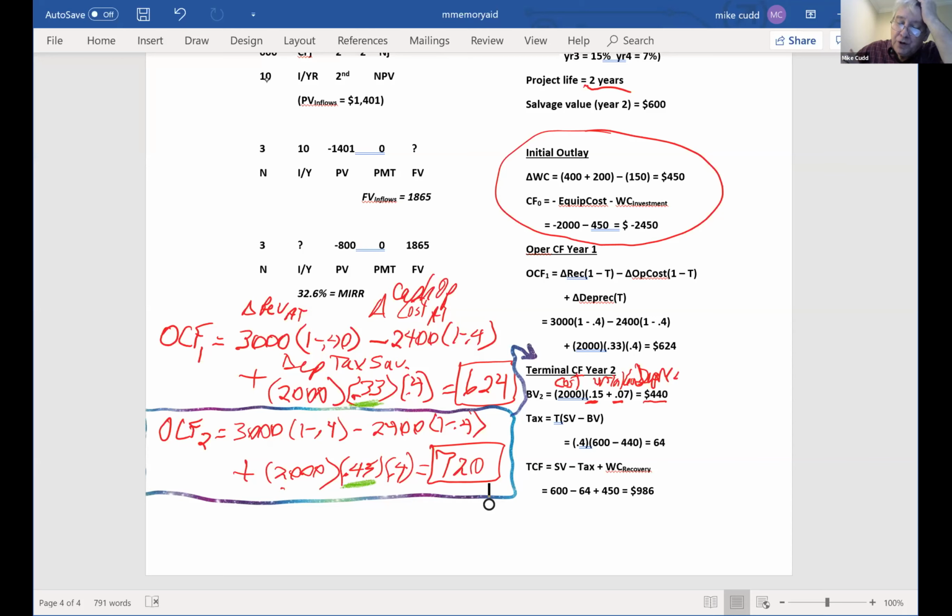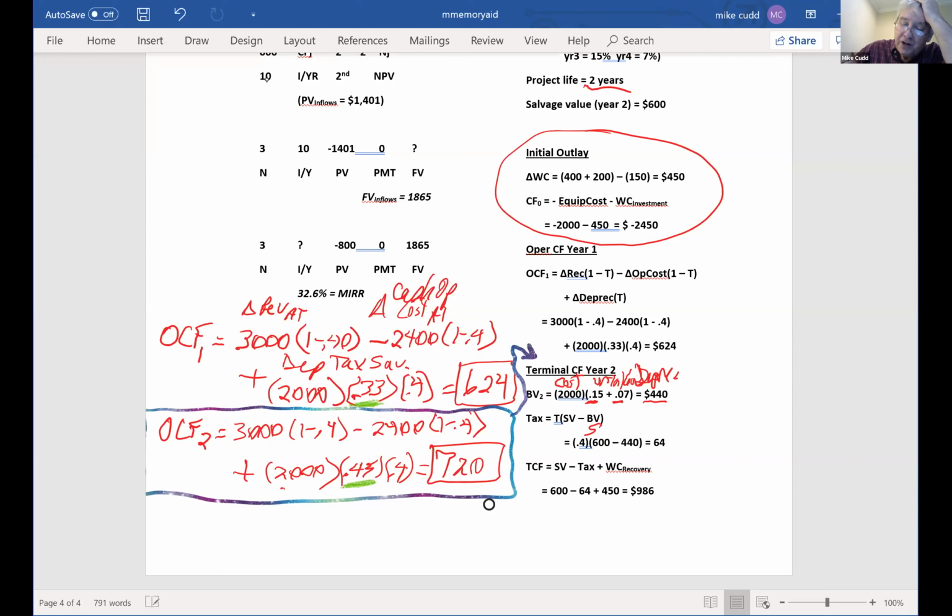You could also get that by taking $2,000, the original cost, minus the year 1 depreciation and the year 2 depreciation. That would also give you 440.